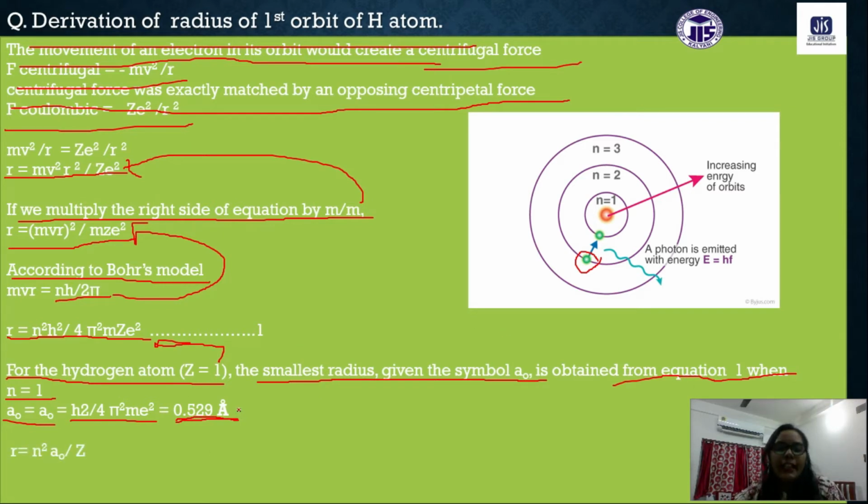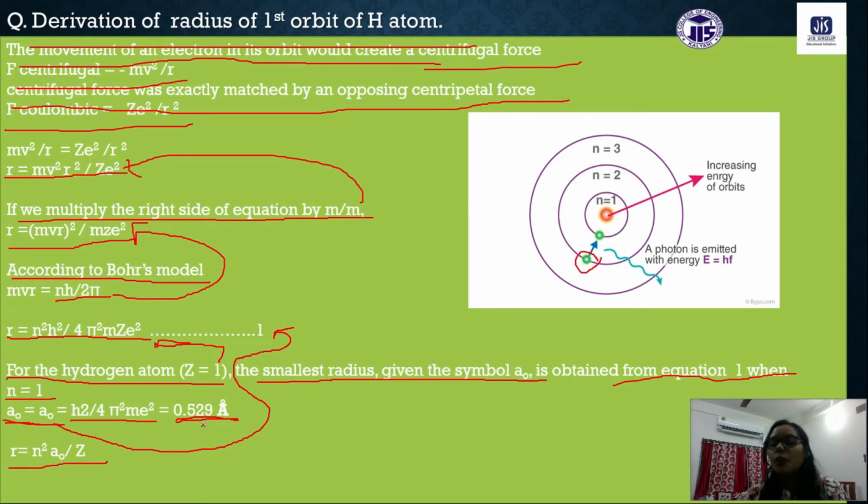So that means if we put this a0 value in this equation number 1, what will we get? We will get r equals n square a0, and what is the value of a0?